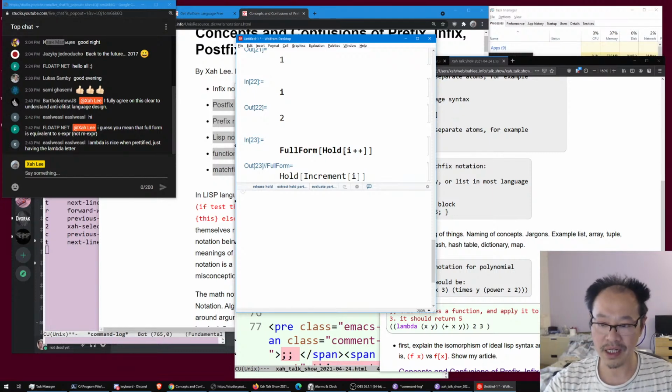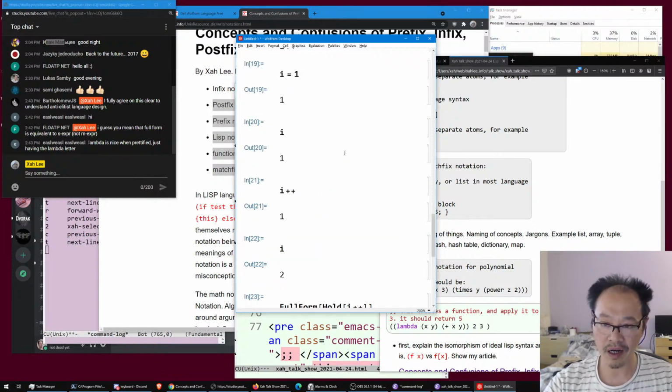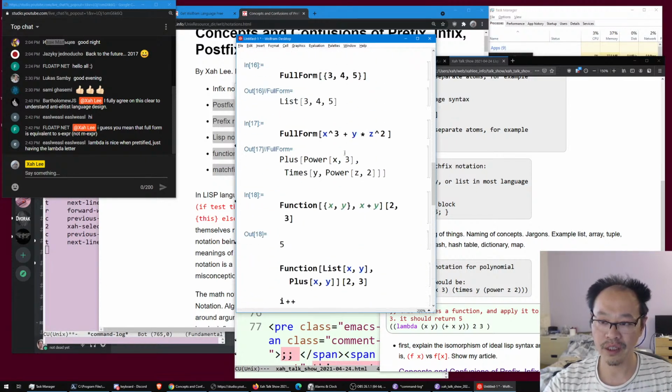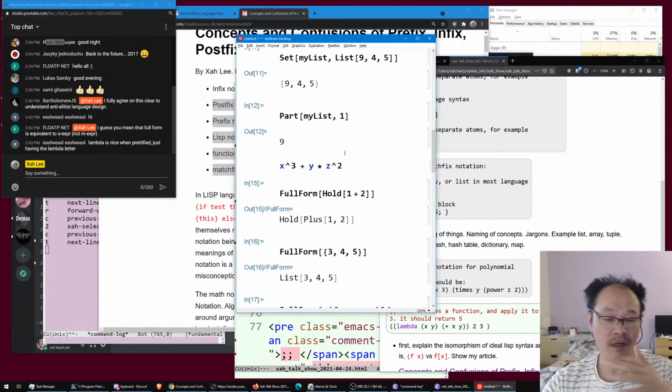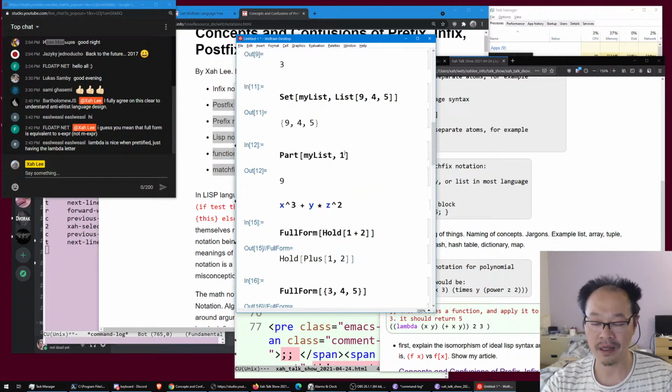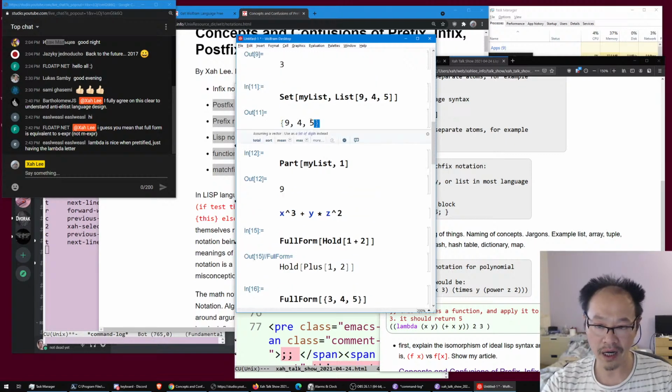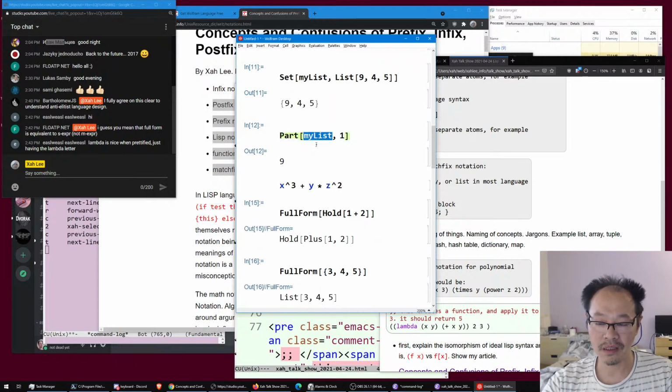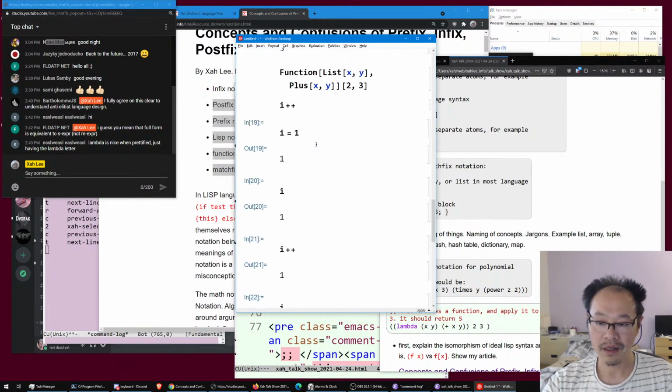After, for example, one year of experience programming Mathematica, given any expression, you must know by heart what its full form is. Why do you need to know that?